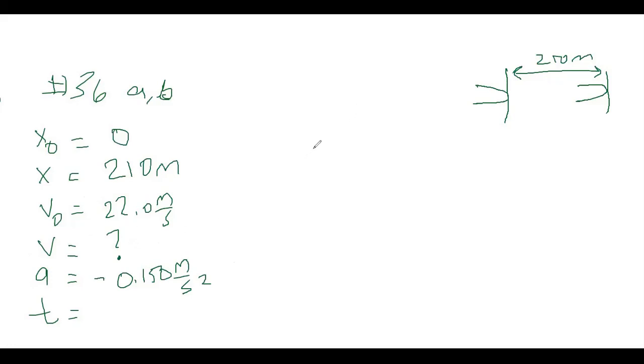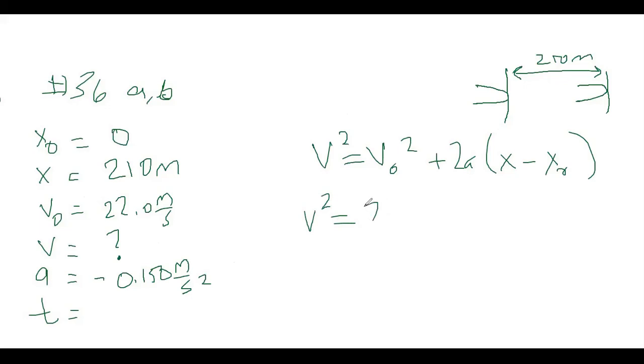So we have to choose the equation. V squared equals V naught squared plus 2a times x minus x naught. We don't know t, so we have to choose the equation without t in it. Now we just plug our variables in. V squared equals 22 squared plus 2 times negative 0.15 meters per second squared times 210.